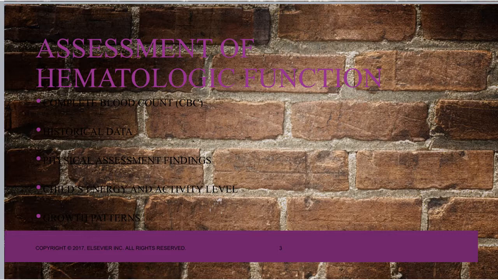All right. So for assessment of the hematologic system, we're going to look at the CBC, their historical data, the physical assessment findings, the children's energy and activity level, and their growth patterns. We're going to want to do blood levels, and that'll give us an idea of what we're looking at, infections and things like that.